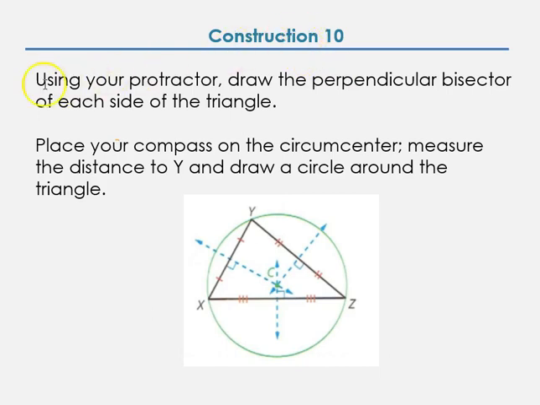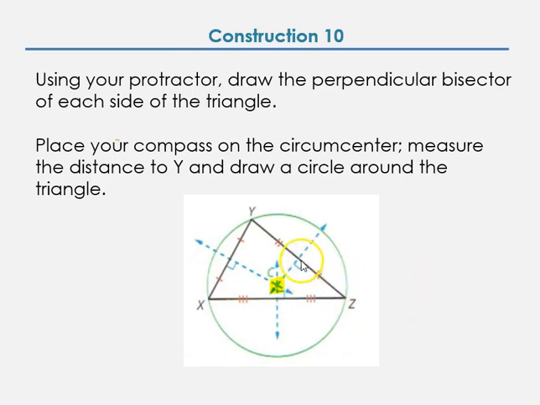Construction 10. Using your protractor, draw the perpendicular bisector of each side of the triangle. So what you want to do is make a perpendicular bisector of at least two sides of your triangle. And if it is accurate as a construction, you will actually have your concurrency point.